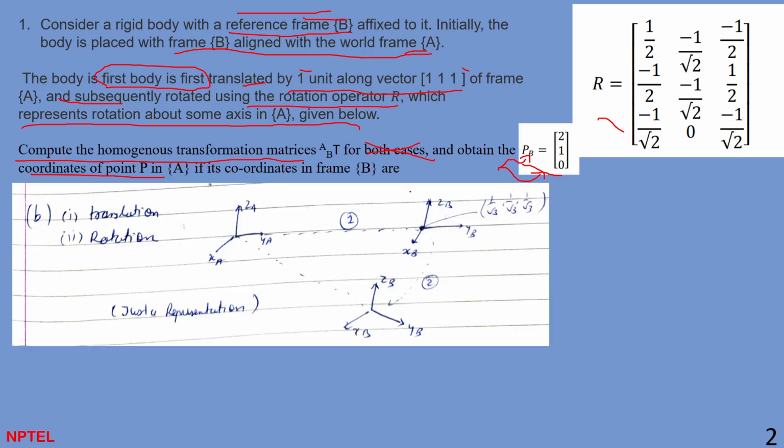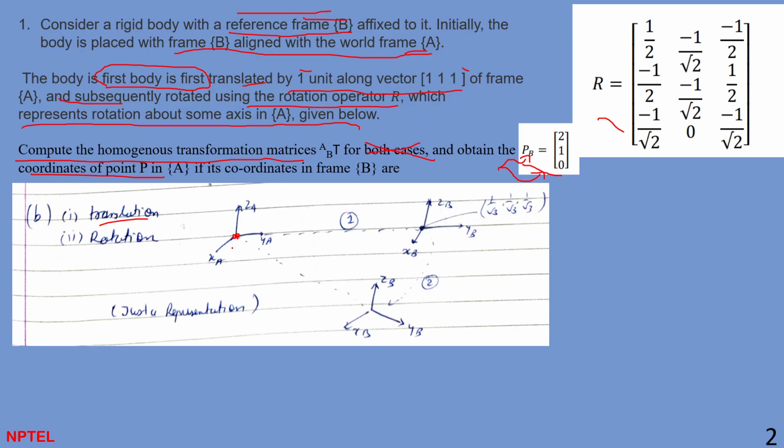So first we need to do a translation. This is something like a world frame. How much translation is happening? There is a translation of one unit. This is a vector, but this vector is not a unit vector, right? Because it is given that it has to be translated by one unit, you can't just write it.